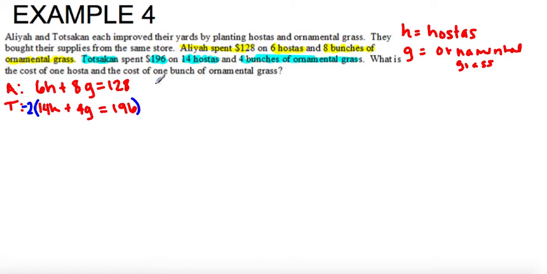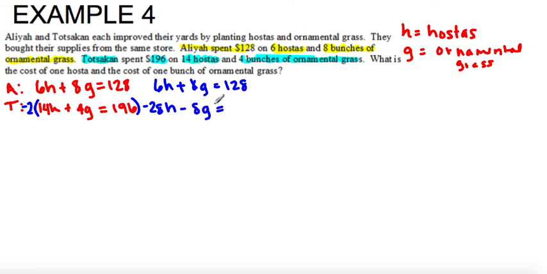So at the top, that stays 6H plus 8G equals 128. And the bottom equation gets multiplied by -2. So I have -2 times 14H is -28H. And the -2 times 4G is -8G.